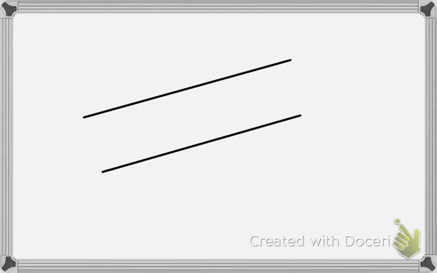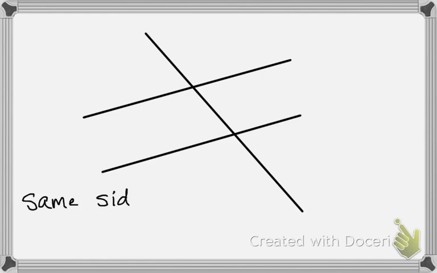All right. One more type that we're going to discuss. Okay, and this type is going to be what's called same side interior angles. Same side interior. Okay, sometimes same side is also called consecutive.